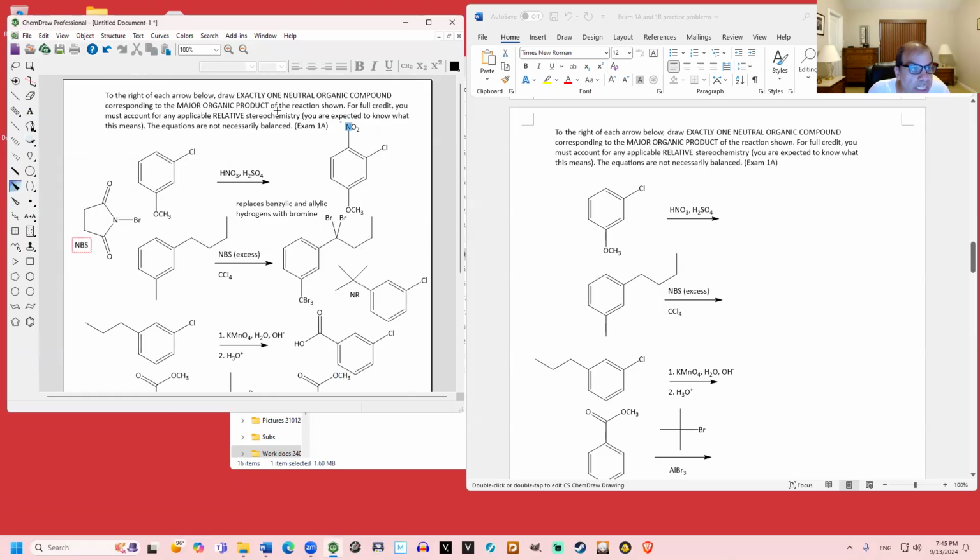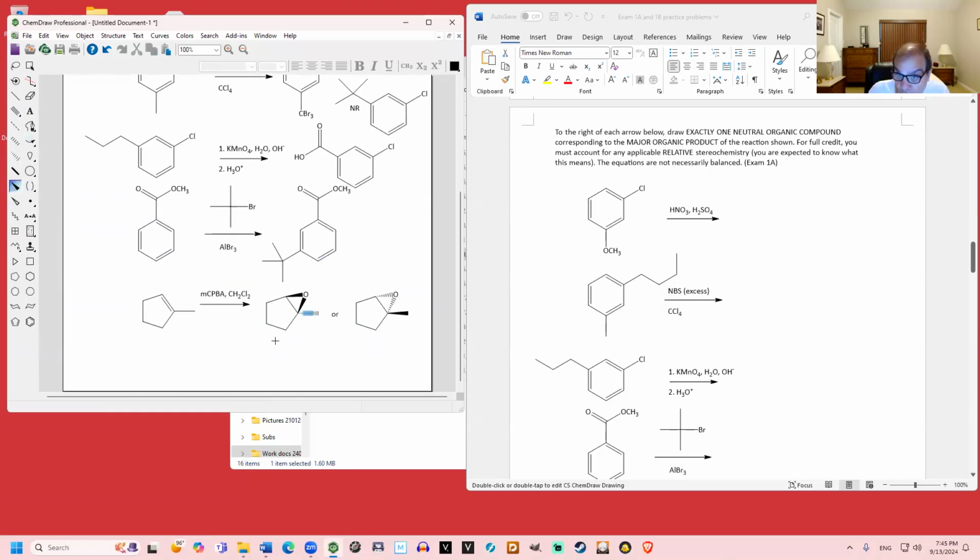The directions are clear. You must account for any applicable relative stereochemistry. That means if your product is chiral, you need to show only one enantiomer. You don't draw both enantiomers. You draw just one of them. But either of those is acceptable. So MCPBA converts an alkene to an epoxide. That's a chapter 8 reaction.